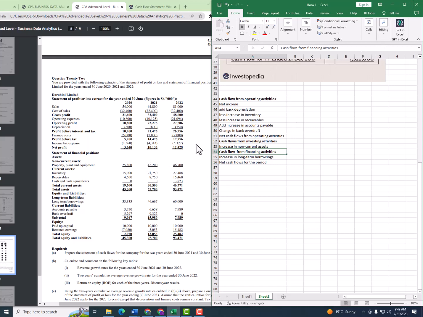Now we have the format or the skeleton, and we are required to find for the years ending June 2021 and June 2022.